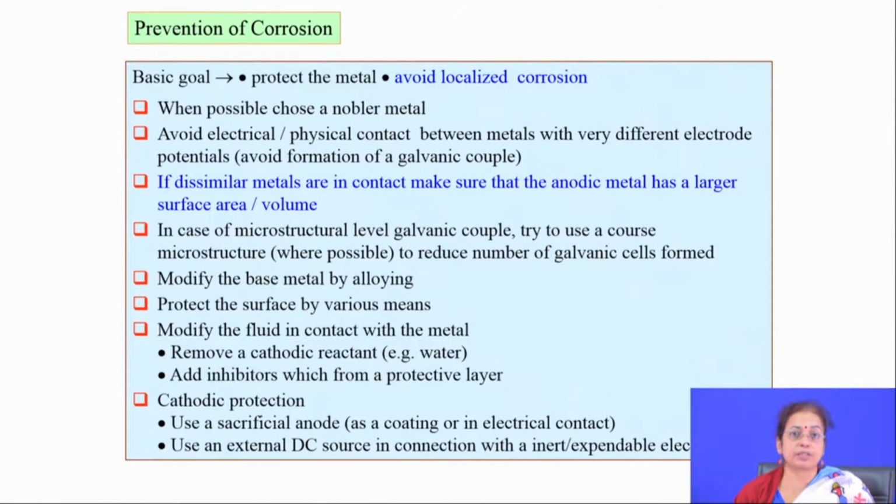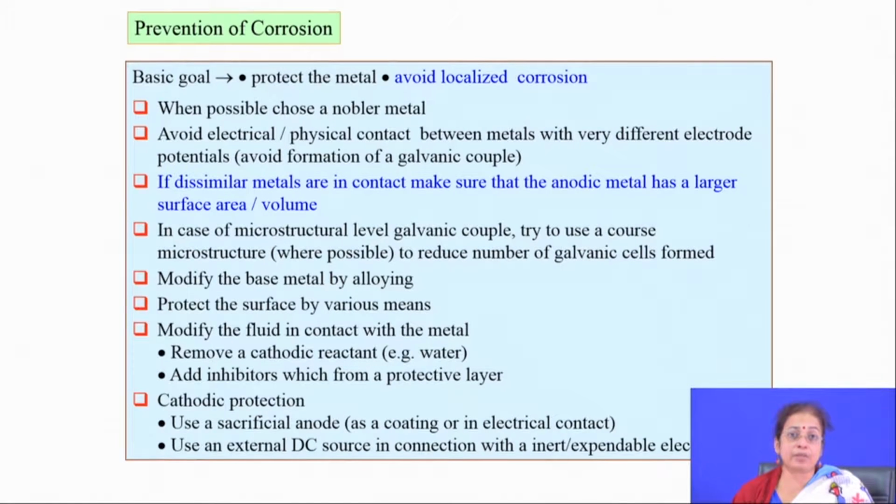Cathodic protection uses a sacrificial anode or an external DC source in connection with an inert electrode. So, these are the different precautionary measures you must take in order to get rid of the aqueous corrosion problem. If you talk about the high temperature oxidation problem, as I mentioned, you have to apply certain alloying elements on the surface by surface alloying, either by the pack cementation based process or by laser surface alloying, so that the surface you are modifying is protective in that particular environment.